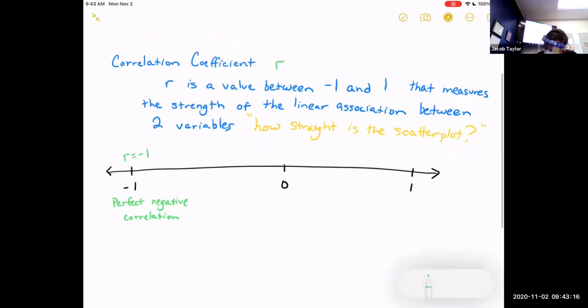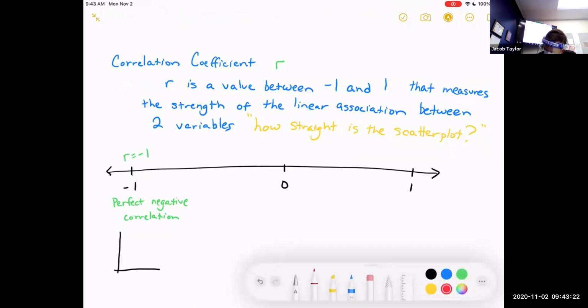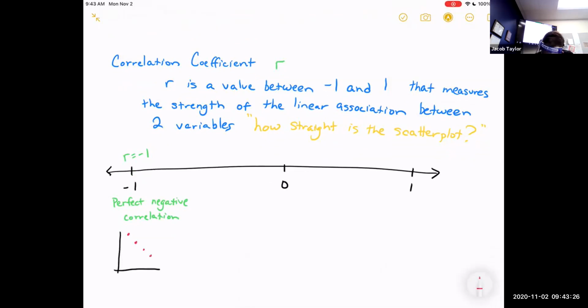And so what it looks like is this. We do our x-axis and our y-axis. A perfect negative correlation is a scatter plot in which all of the points are in a perfectly straight line. -1, perfect correlation, and it's negative, so that means it's going down.